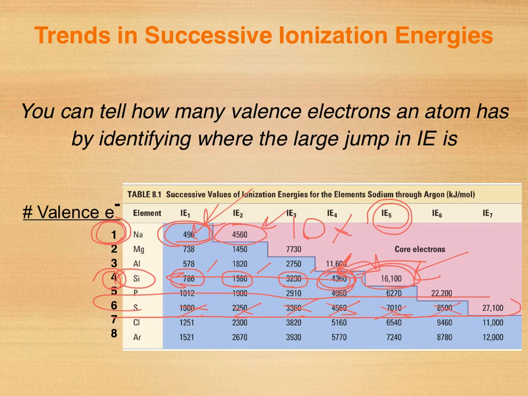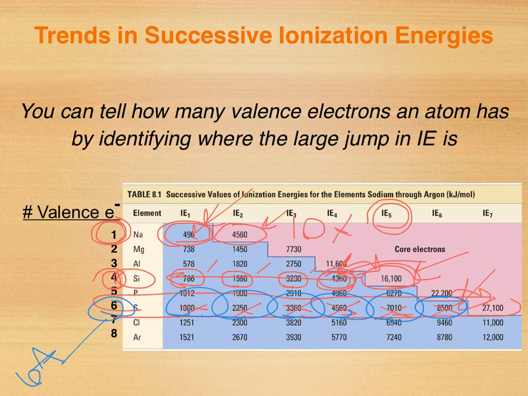Now, when you see a jump in energy that's typically more than a factor of 2, it can be a factor of 3, 4, even as high as 10 sometimes, that means that your valence electrons have all been removed. So how many valence electrons does this sample have? 1, 2, 3, 4, 5, 6. 6 valence electrons. So you could say, okay, this element is probably from group 6A.